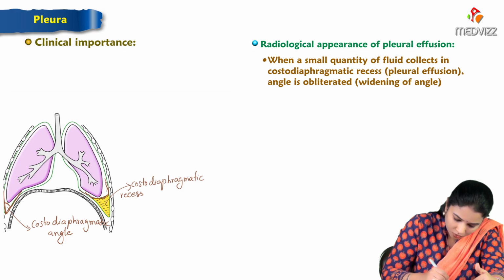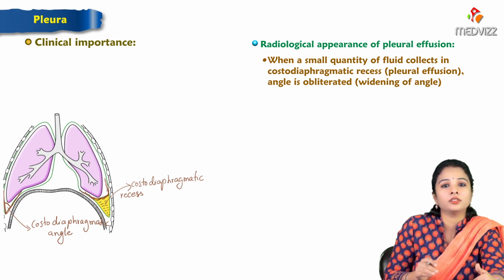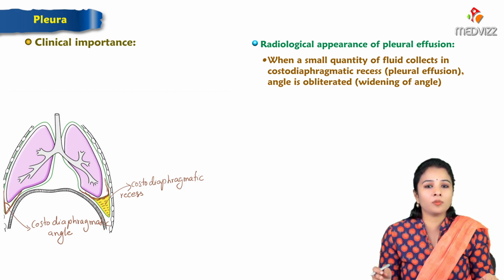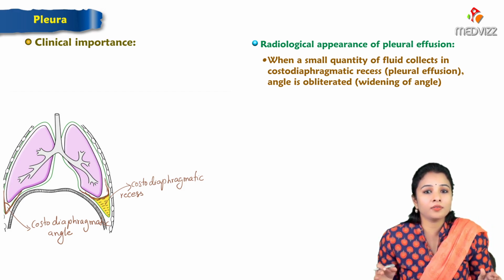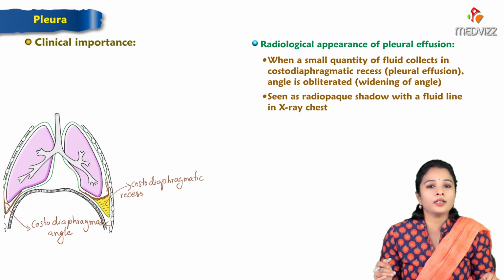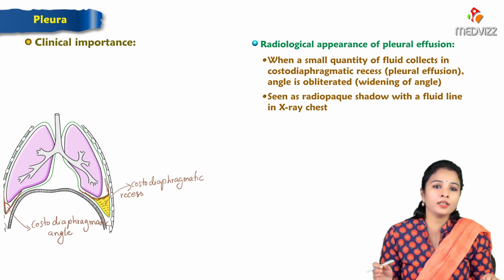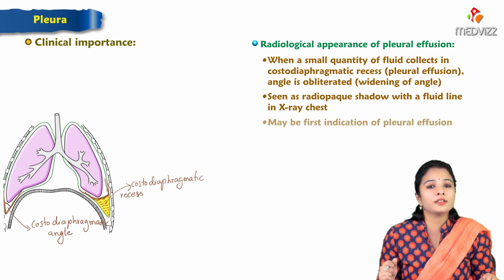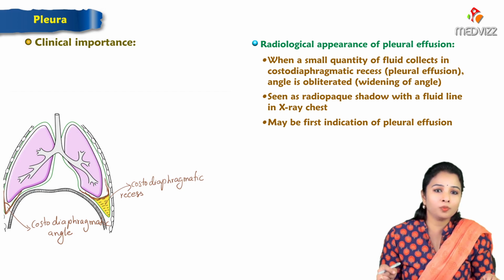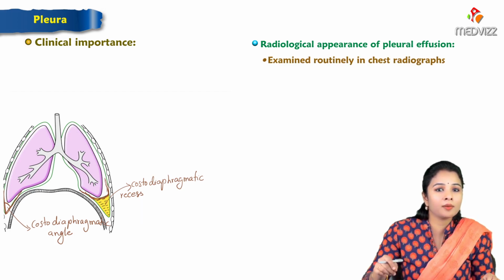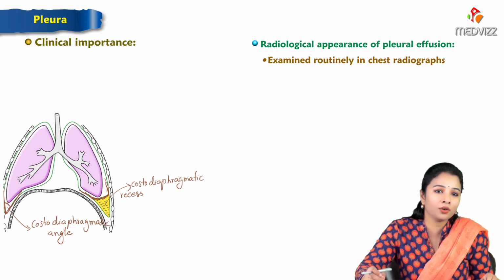So there is no costo-diaphragmatic angle. The angle is lost, it gets obliterated, and we can see a widening of the angle, seen as a radio-opaque shadow with a fluid line in the X-ray chest. And this may be the first indication of pleural effusion. Therefore, recesses of the pleura are examined routinely in chest radiographs.